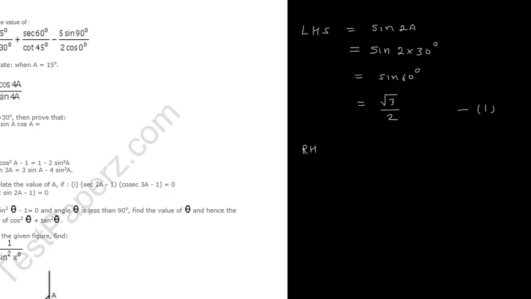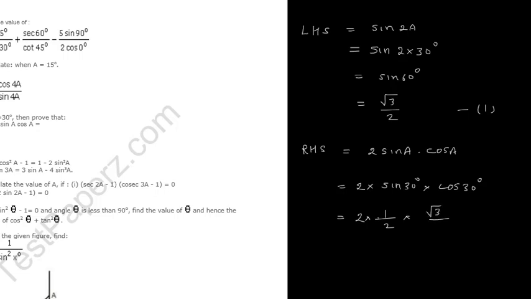For RHS, RHS is 2 sin a into cos a. So this is equal to 2 into sin 30 degree, a is 30 degree, into cos 30 degree. So 2 into sin 30, you know the value is 1 upon 2, and cos 30 value is root 3 upon 2.